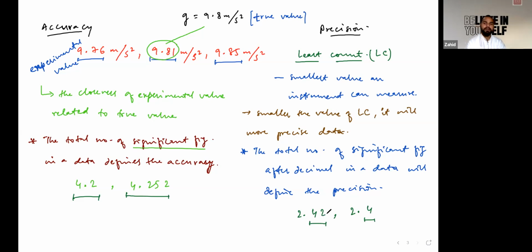So this will be more precise measurement as compared to this. Is it clear? So this will be more accurate and this will be more precise.